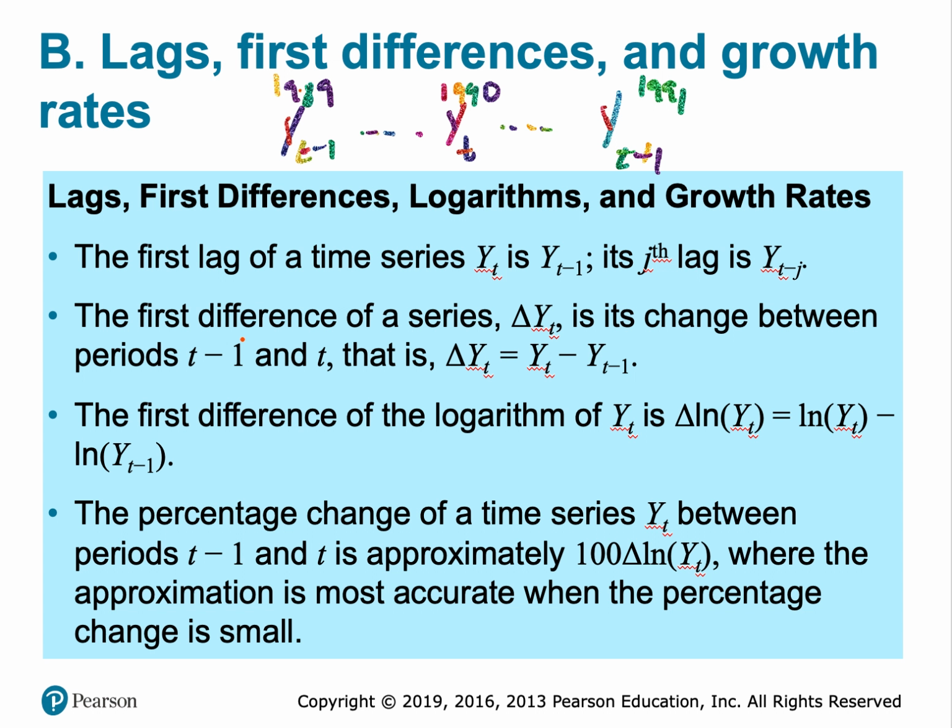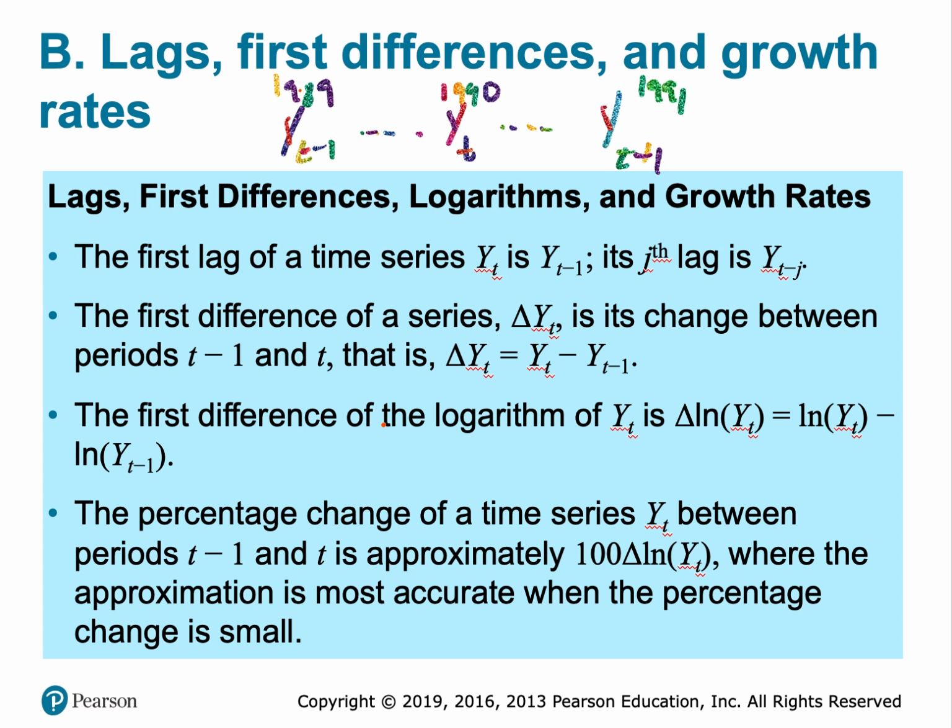The first difference of a series is delta yt, and this is the change between periods t minus 1 and t. So delta yt is equal to yt minus yt minus 1. The first difference of the logarithm of yt is delta ln of yt, which is ln of yt minus ln of yt minus 1.